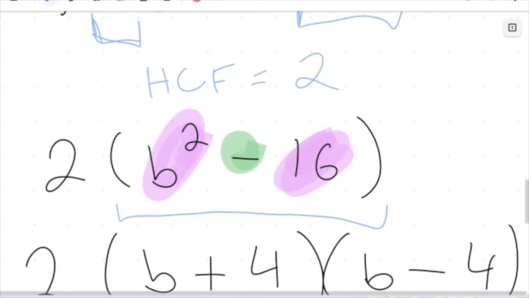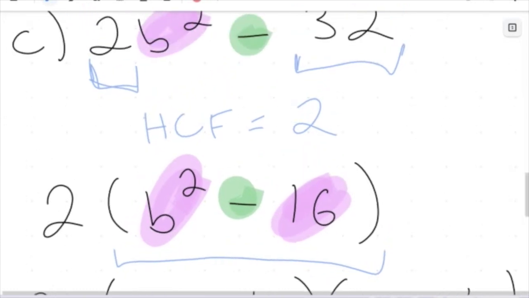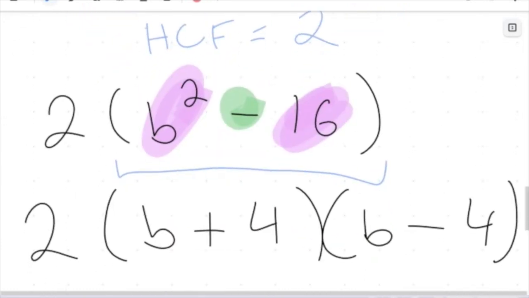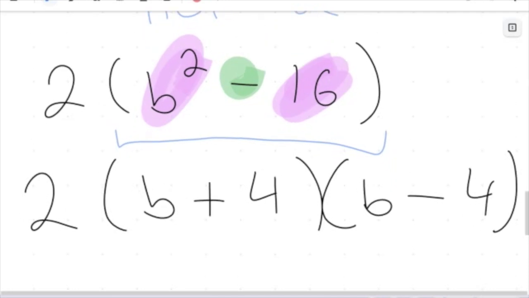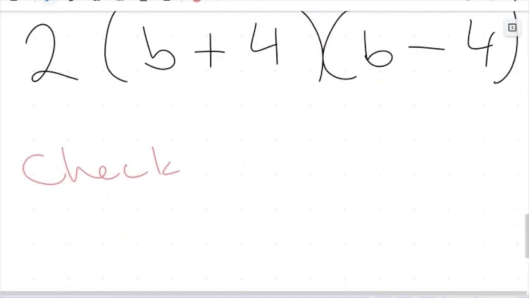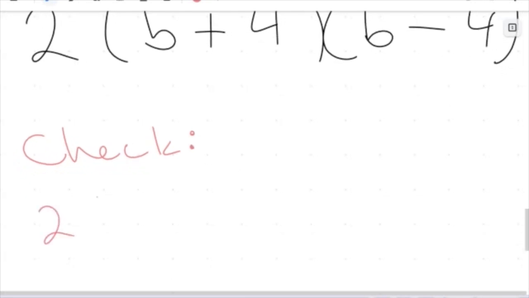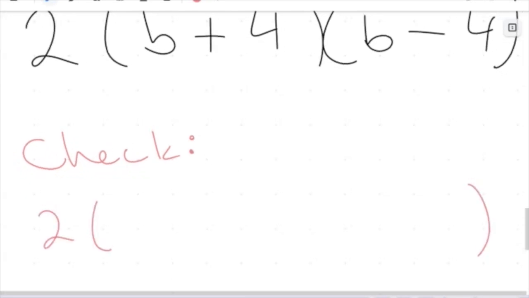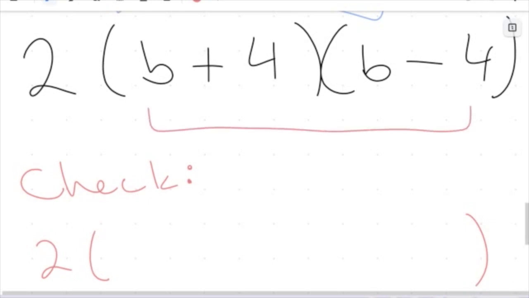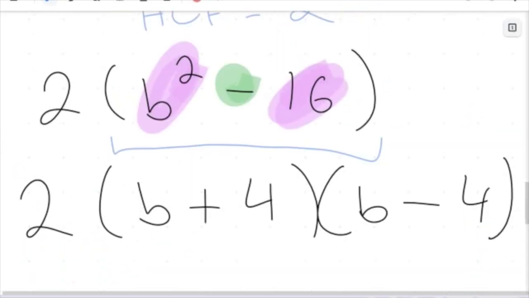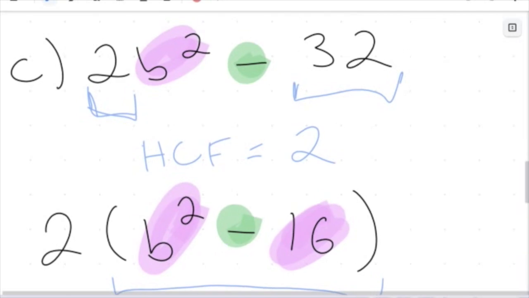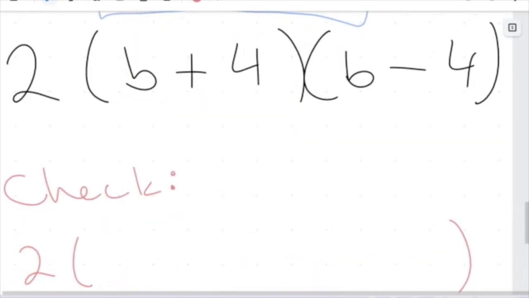Because we didn't have perfect squares here, we wanted to pull a common factor out, to give us this nice difference of 2 squares here. So if we check this, let's leave this 2 here, and let's expand this in here just to check that we end up with our very first expression. That's how we know we've done it right.